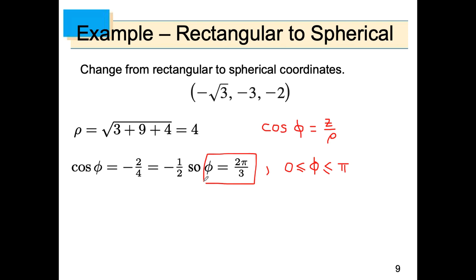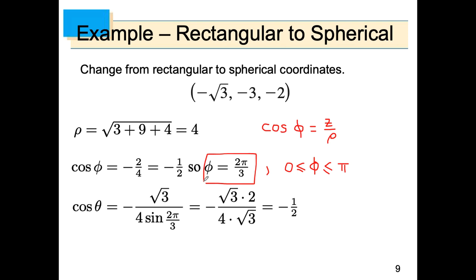Finally, we move on to theta. Theta, from the previous slide, can be found by using y or x, you can use either one. Here I went ahead and used x. Don't forget it's x over rho sine phi is the relationship here.